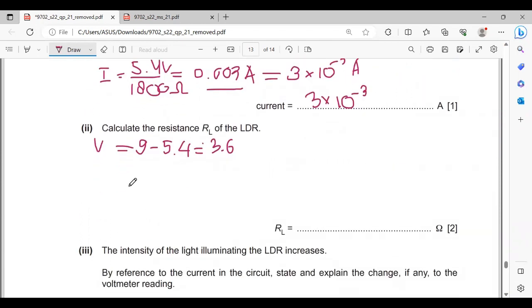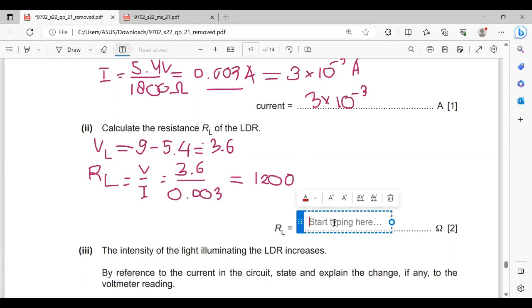Next, we are going to find the resistance. So resistance RL equals VL over the current, and it becomes 3.6 over 0.003, equal 1,200.